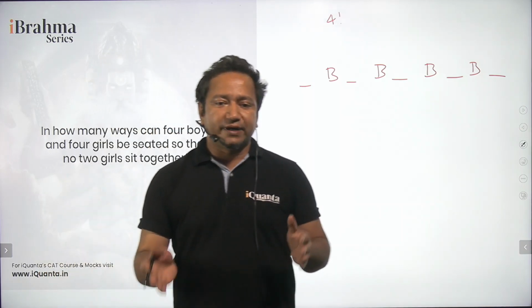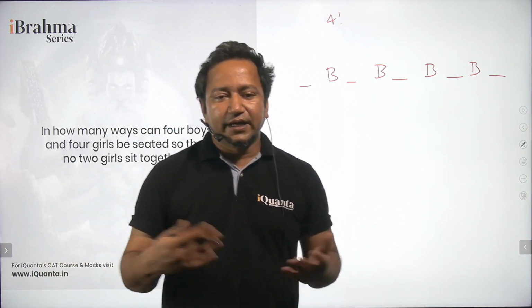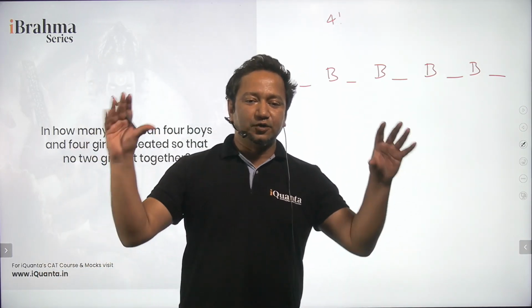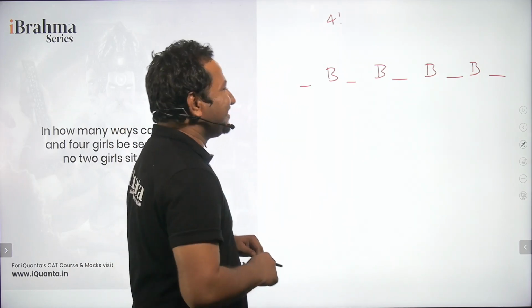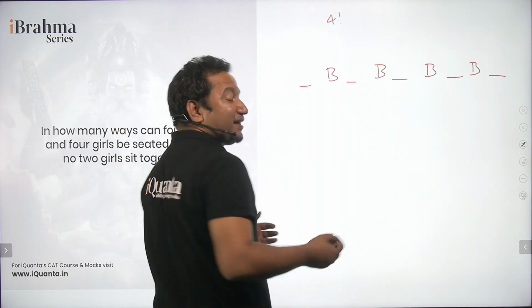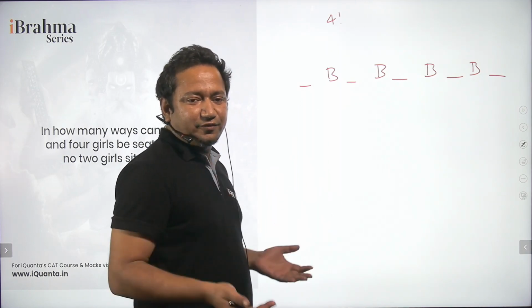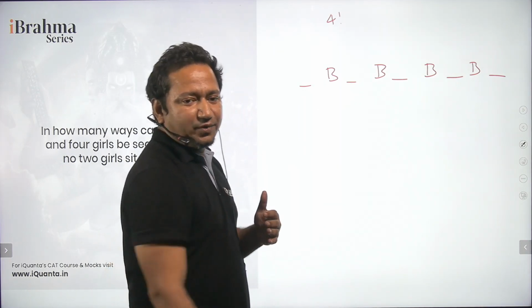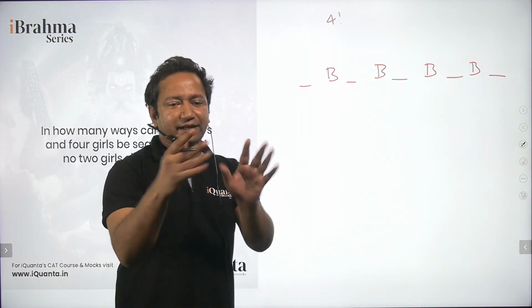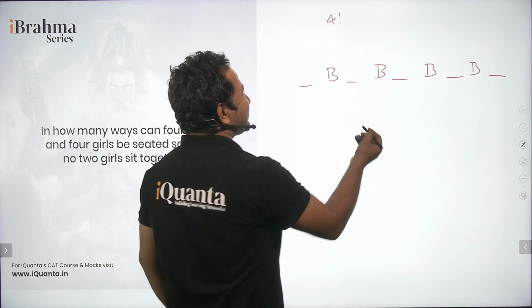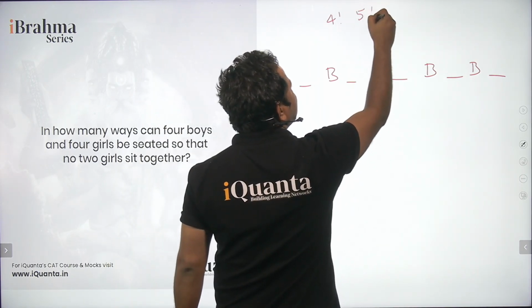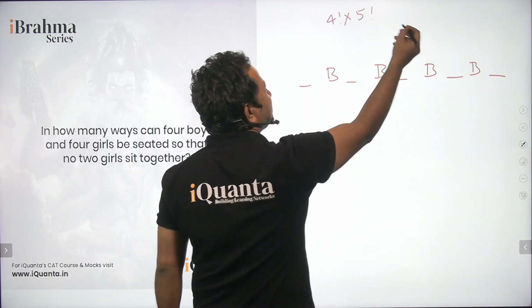So I assume there are 5 girls, out of which one is invisible, one is a ghost, a chudel. Now I want to arrange 5 girls in 5 positions, out of which one is invisible. That can be done in factorial 5 ways, and that is our answer.